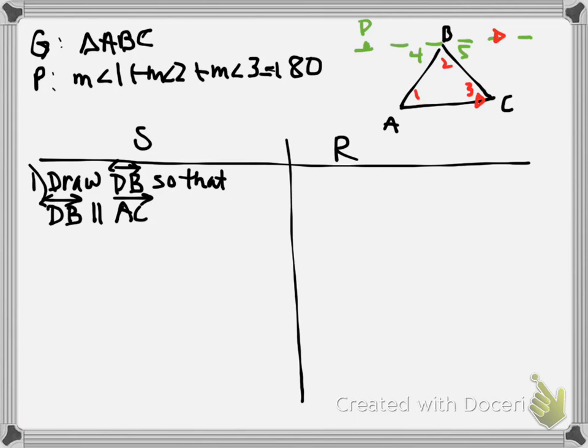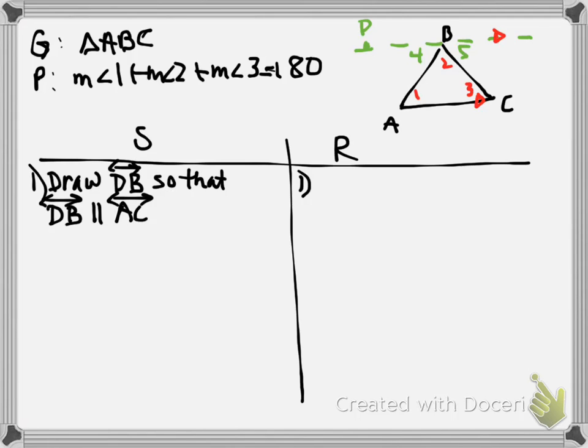Now, even though AC is a segment, it's part of a line. So what allows us to draw a line from a point not on the line so that it would be parallel to the given line? It's not a construction, it's a theorem.